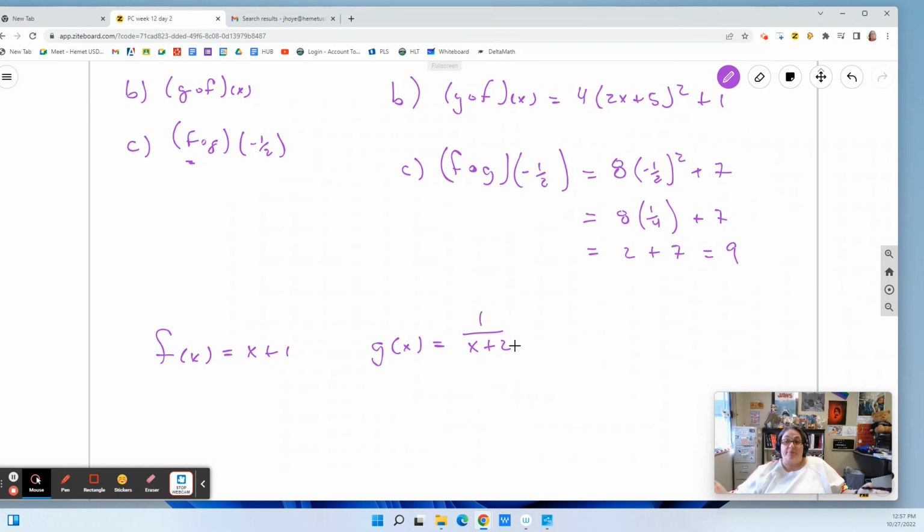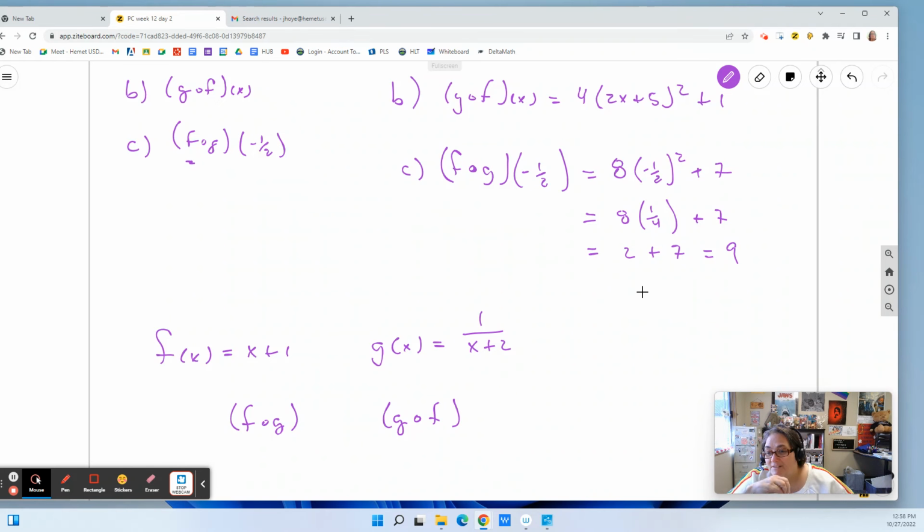We know that x can't be negative 2 in g of x, right? There's boundaries on the domain of g because we can't have a 0 in the denominator, which means that if I have f of g or g of f, negative 2 can't be a part of either domain because that's what's going to make this 0, right?